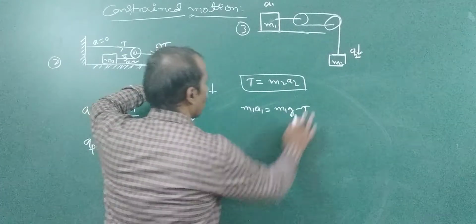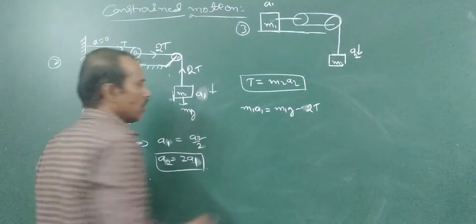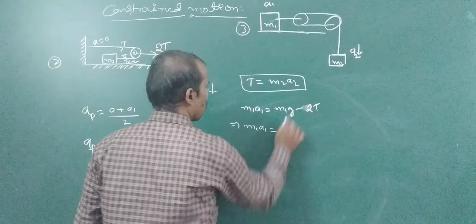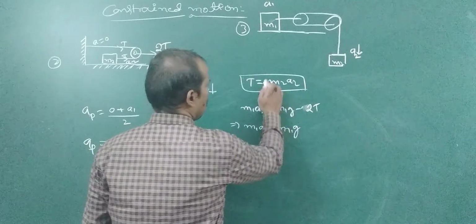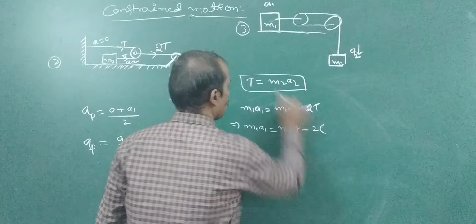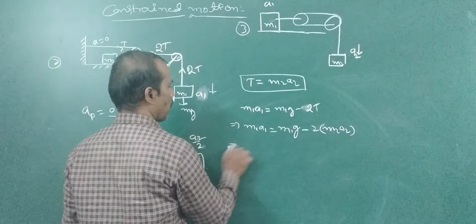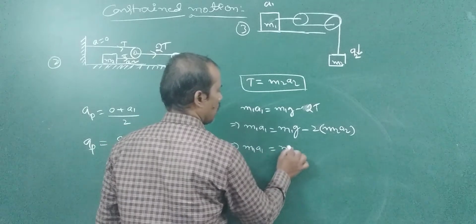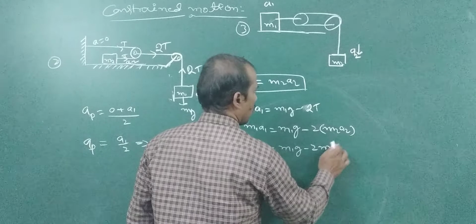The upward force is 2T. So M1 A1 is equal to M1 g, substituting the T value here, minus 2 into M2 A2. So M1 A1 is equal to M1 g minus 2 M2 A2.